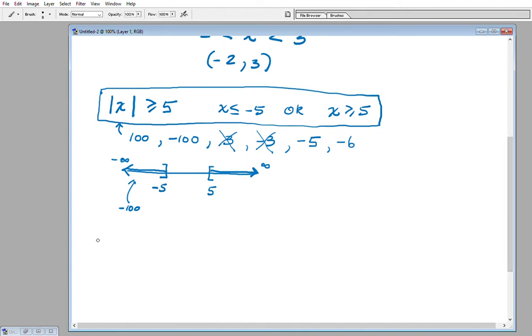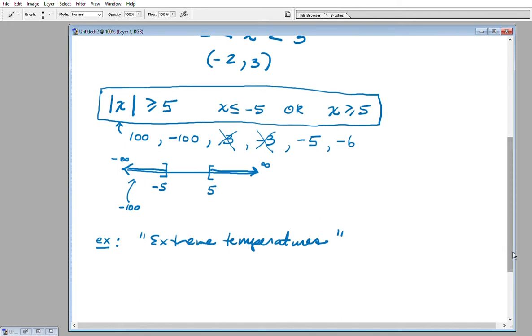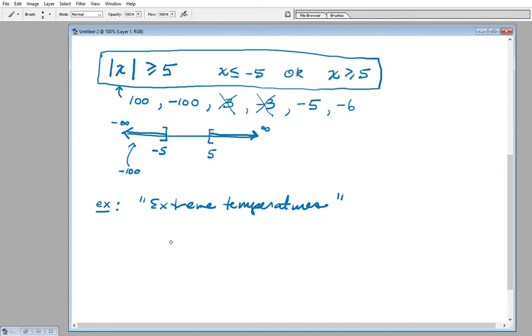I'd like to do one practical example. All right, so let's say we want to somehow express extreme temperatures. By extreme temperatures, I mean extremely hot or extremely cold. Okay, so it's better to express this in terms of Celsius.